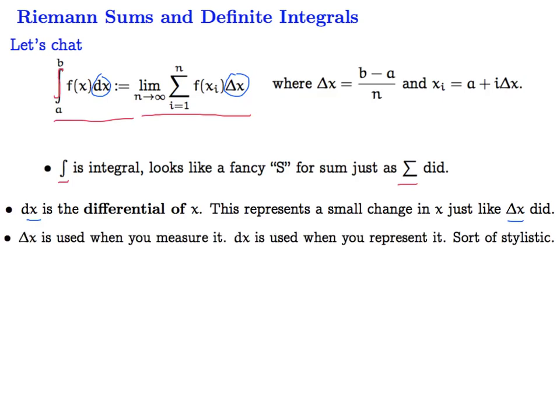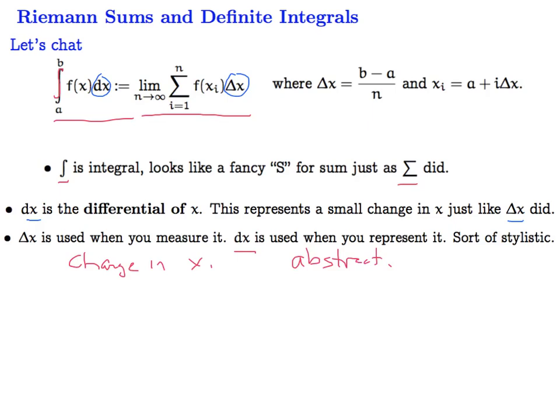These are very important distinctions in higher mathematics and later, if you take Calc 2. But for now, think of delta x as used when you measure it. It really does represent a change in x, or the width, whereas dx is more of an abstract representation of it. It's sort of stylistic, but it really indicates to you the variable being used.